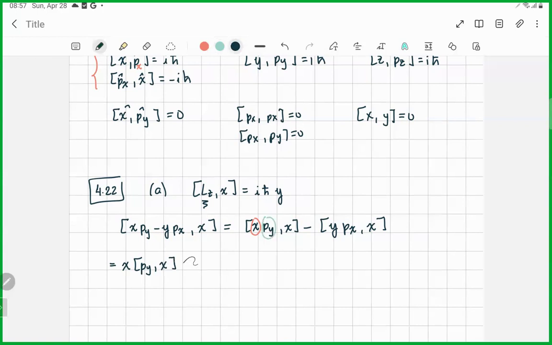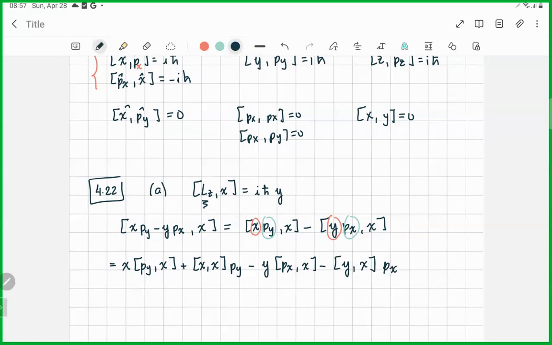So it will first have the commutator X with X, and the PY goes to the end. Same procedure now with the second commutator. This Y is in front, it comes out first, PX X, and then this PX goes to the end, so minus Y X PX.